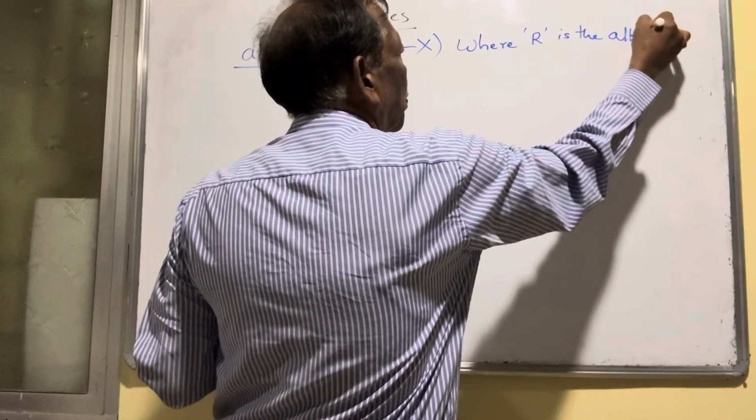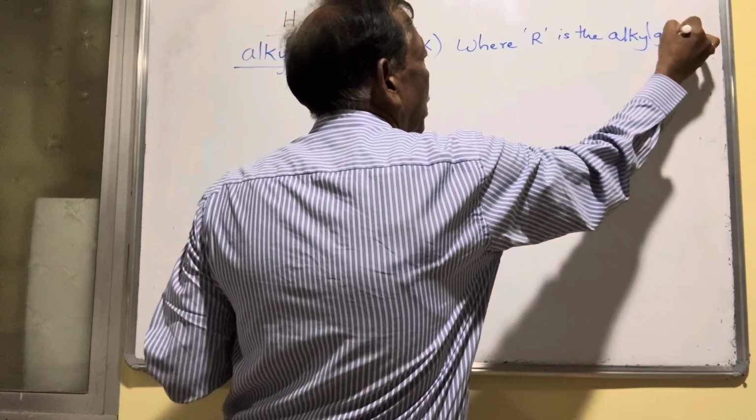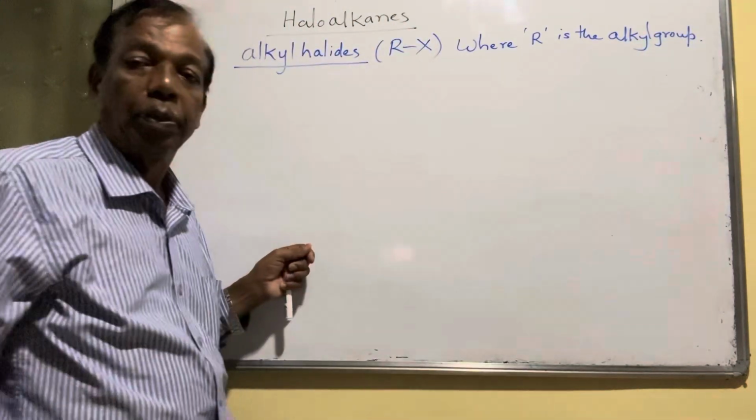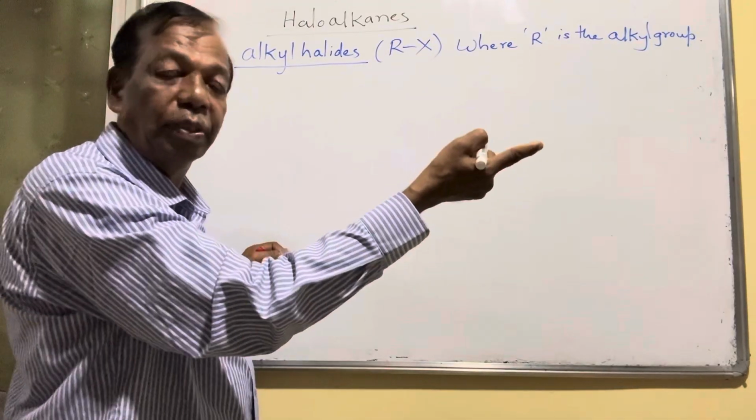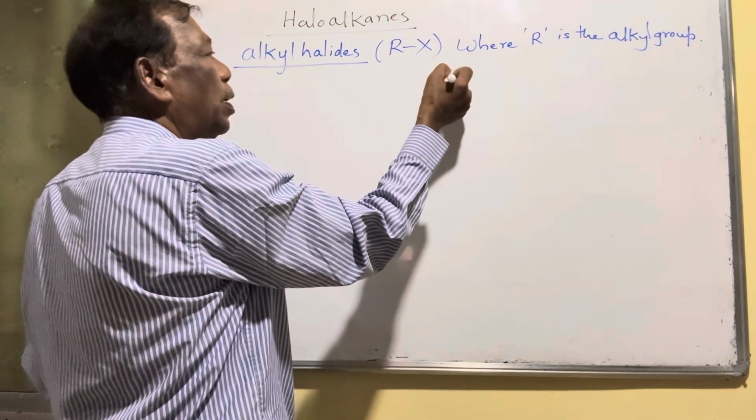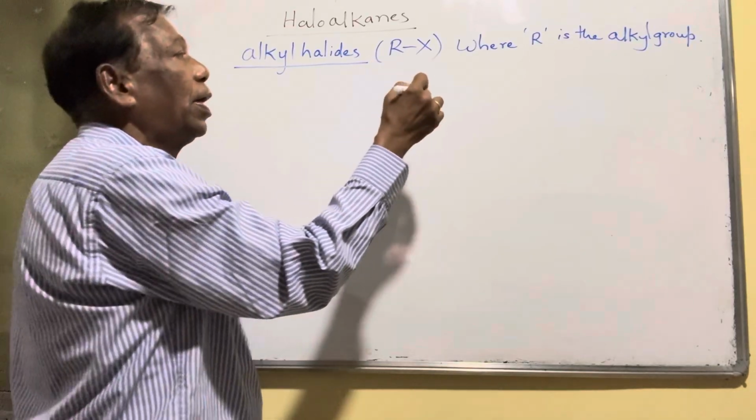Now this can be obtained from an alkane when one hydrogen is removed, then it is called an alkyl group.